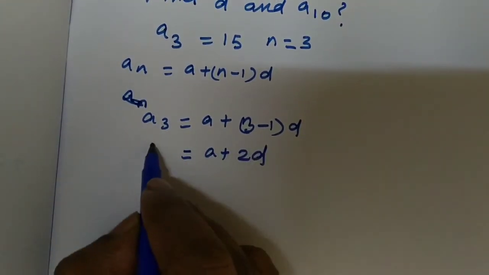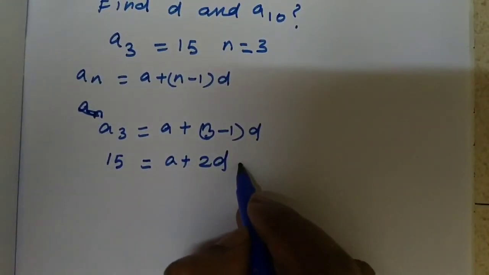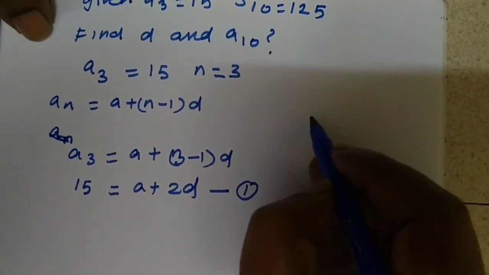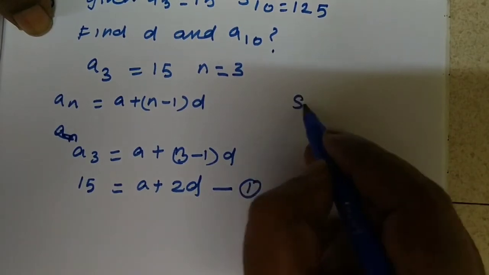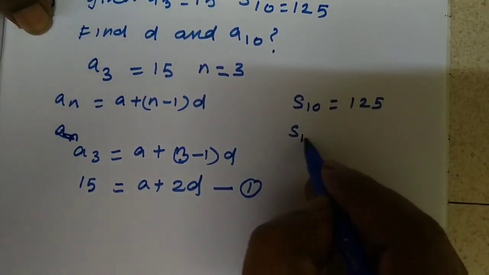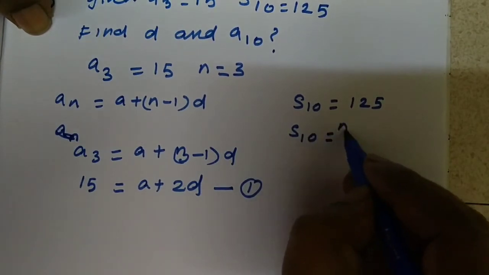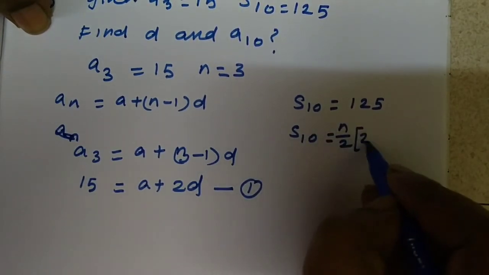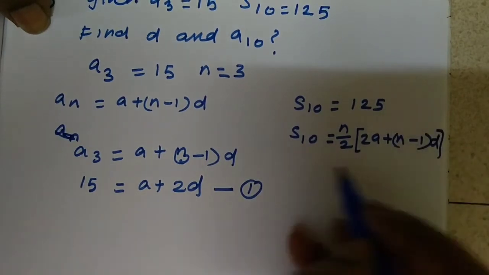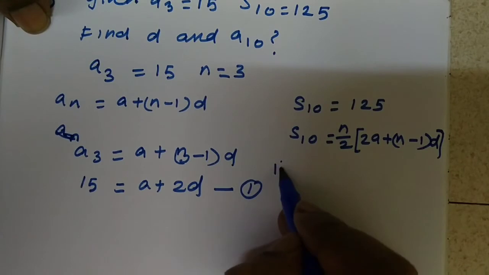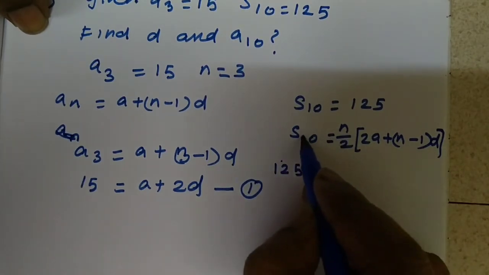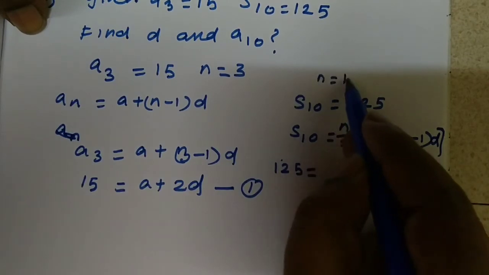The value of a3 is 15. Taking this as equation 1, and S10 is 125. The formula to find Sn is n by 2 into 2a plus n minus 1 into d. S10 is 125, n is equal to 10.